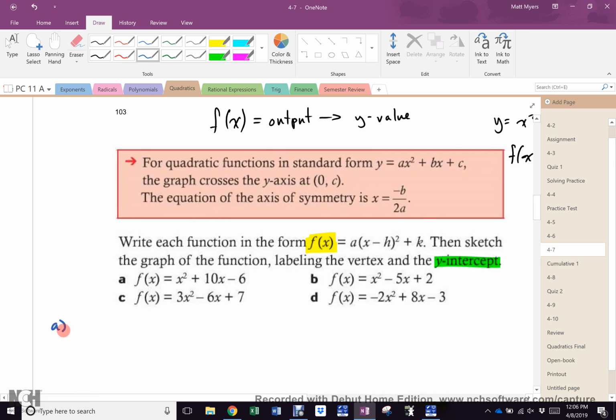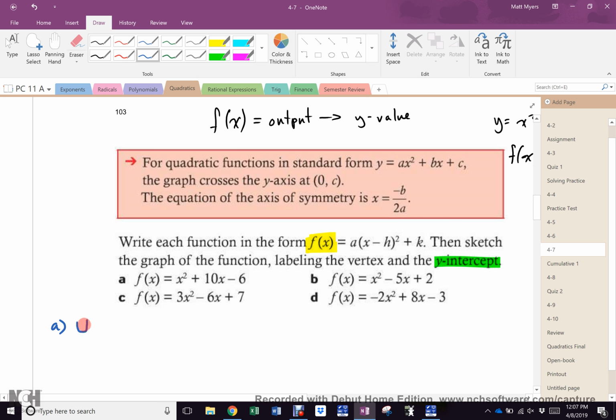So let's take a look at A right now. Please notice that all of these, well, A, C, and D are pretty easy because they're even, right? B is going to be a problem. We're going to leave B for last. So what do I know right away about A before I even start working? I know something right now about the graph. What do I know? It's happy.